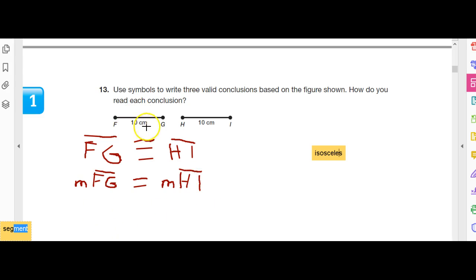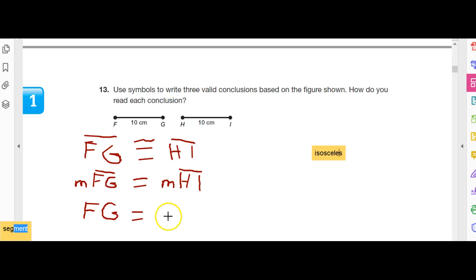And then lastly, you have the distance between F and G. So this one is written without the bar over it, because now I'm not talking about the segment. I'm only talking about the distance between the 2 points. I'm not even talking about the segment at all.